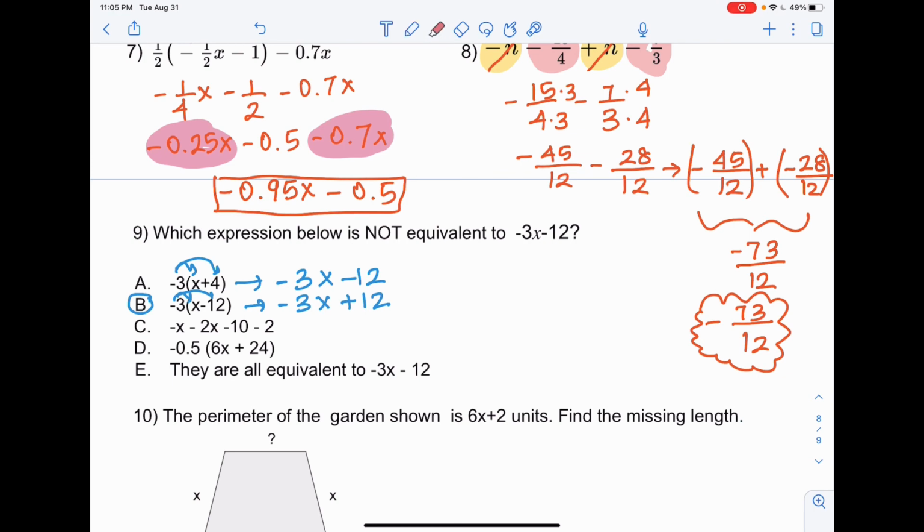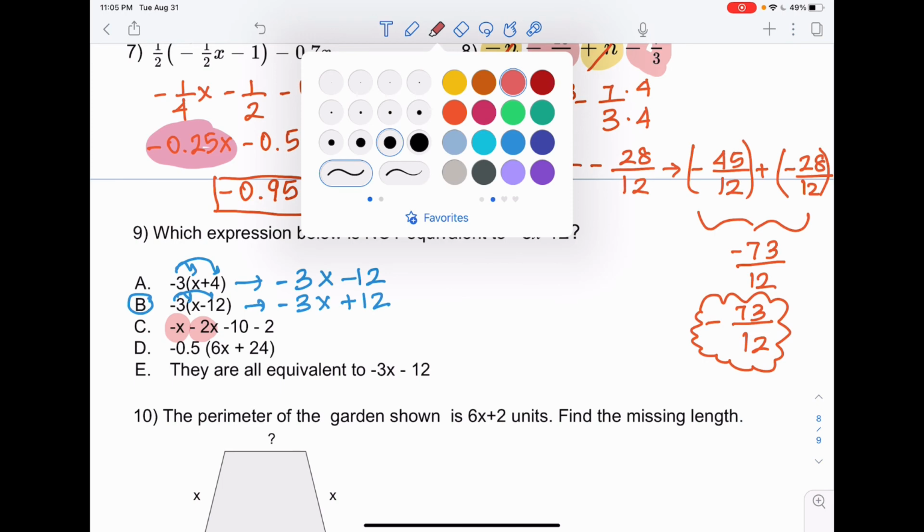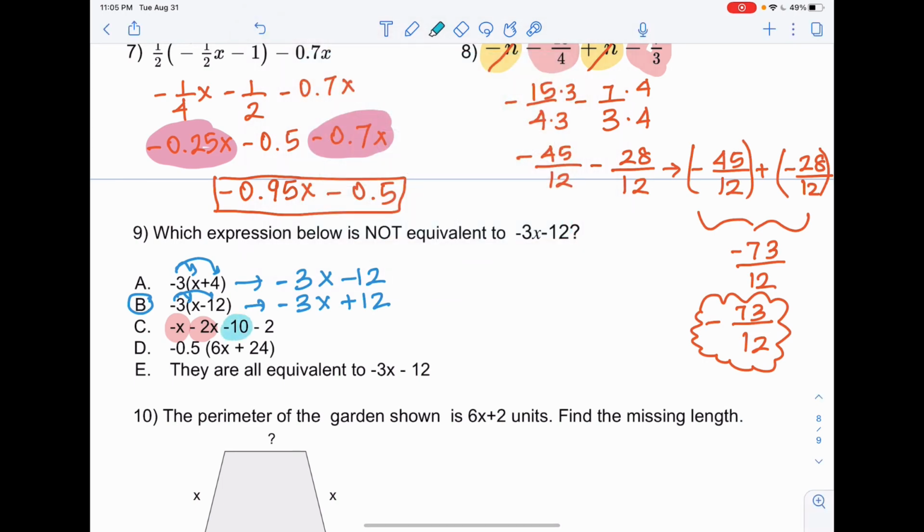So let's combine like terms. And we have other like terms too, negative 10 and negative 2. This will give us negative 3x and minus 12. So yes, this is also equivalent to negative 3x minus 12.